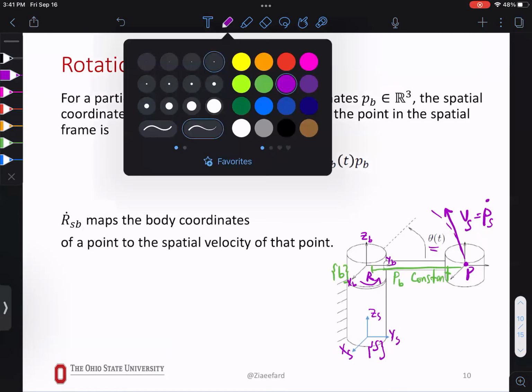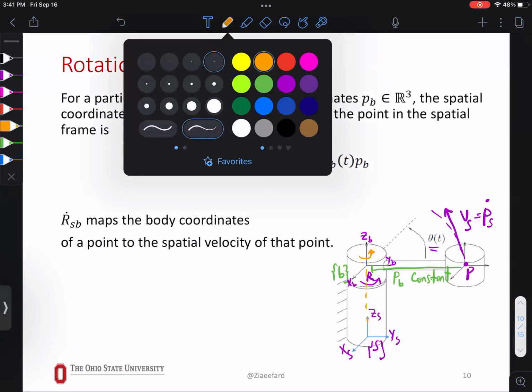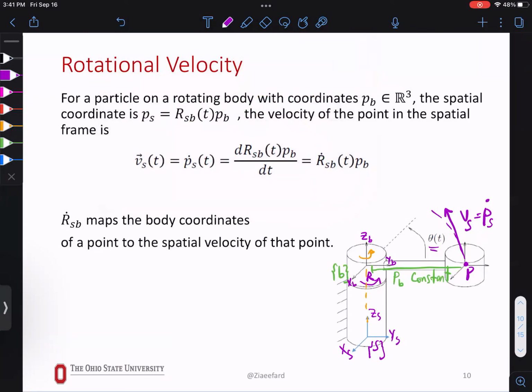You see that the axis of rotation is passing through our reference frame, so we are in the simple case where X dot is the cross product. So we can write V of S is P dot of S, and we can also say PS is RSB PB.